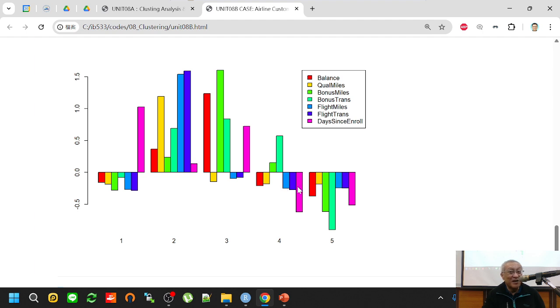And it's kind of strange, because their fly mileage and fly transaction are below average, but their bonus mile and bonus transaction are actually above average, right? So what is this type of member? Can anyone want to try?